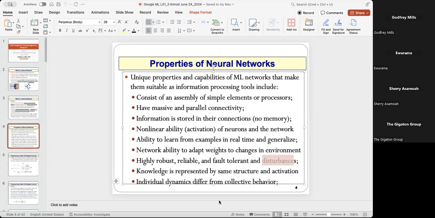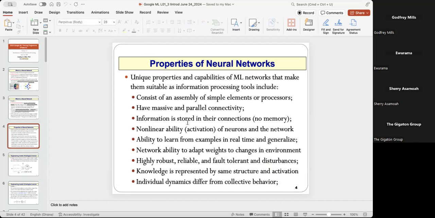Final but not the least, the knowledge is represented in the network structure. And individual dynamics differ from collective behavior. So every neuron's behavior is different, as long as they are on the same line, they behave differently. Okay.